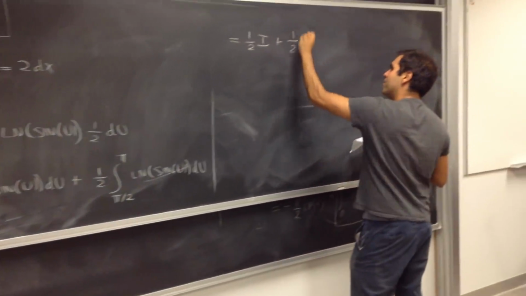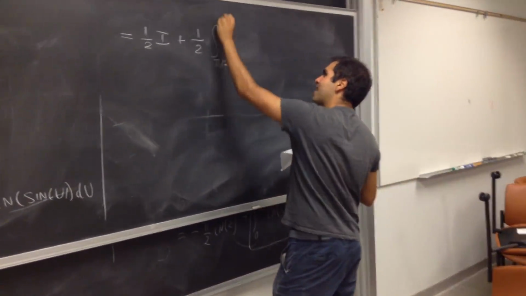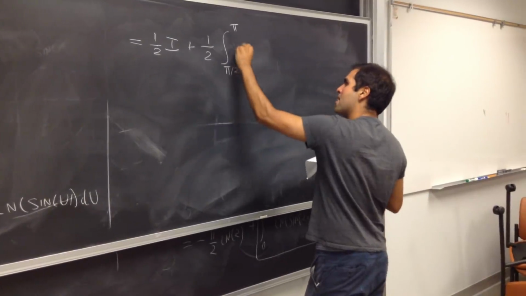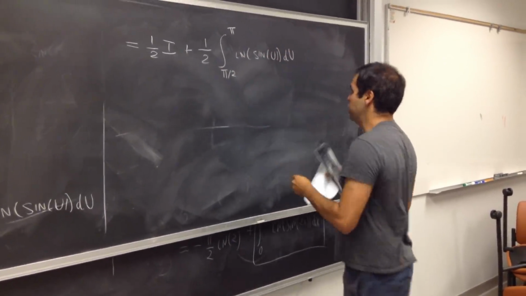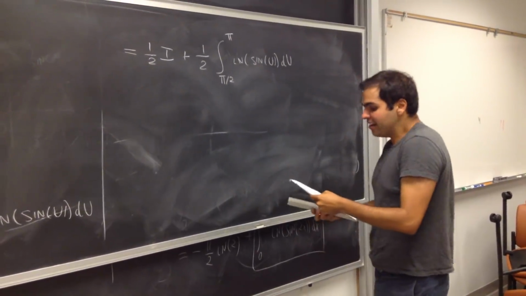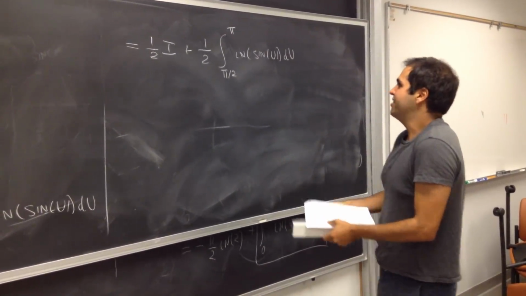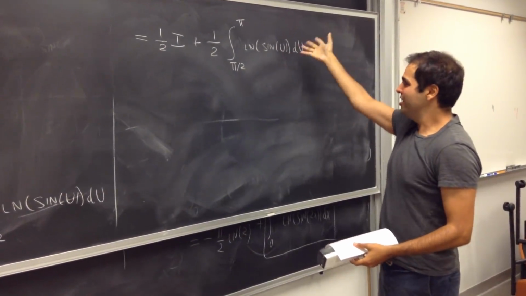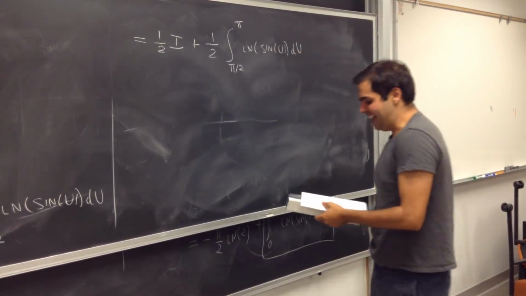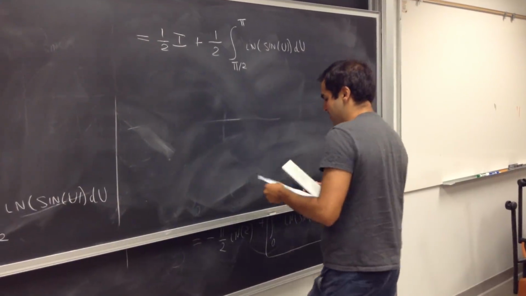So what you'll see, there's a little bit of magic happening here. Because we really liked this change of variable, pi over 2 minus u, so let's just do it again. So now let's do another change of variable.